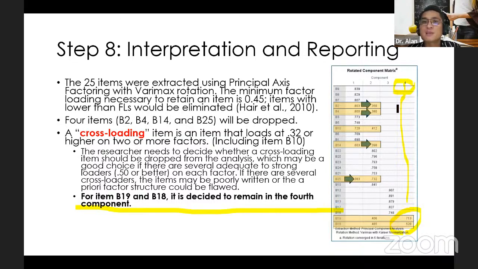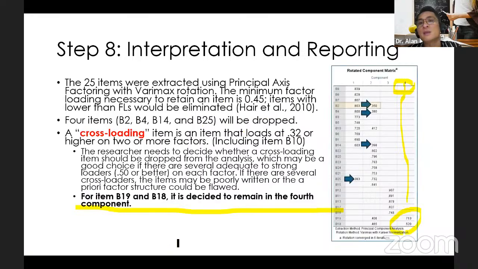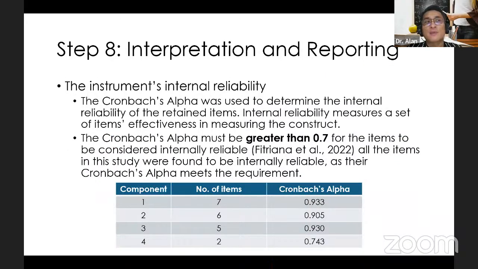And the third judgment is, as you can see from here, component number 4 does contribute at least 4.3% of the variance. So no matter how, I think it's good for me to retain items B18 and B19. After we have done the factor analysis, those dropped items, we disqualify them.